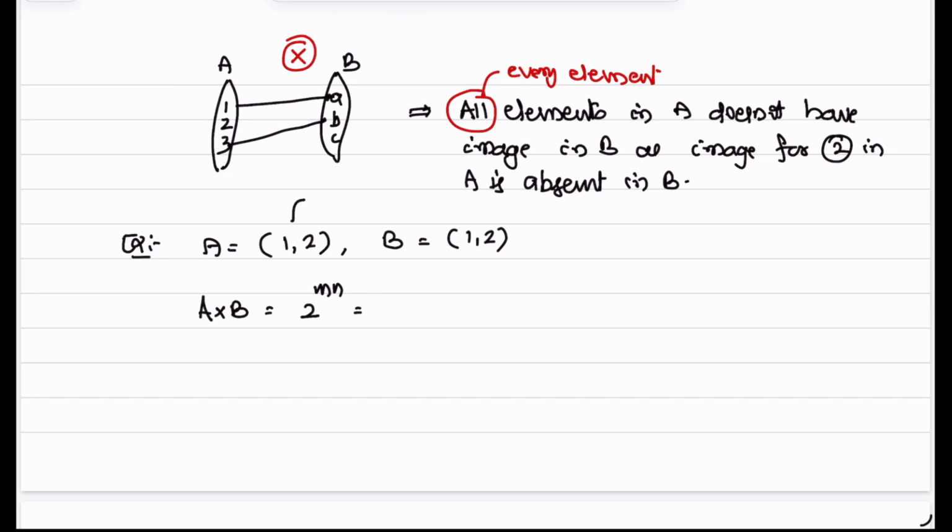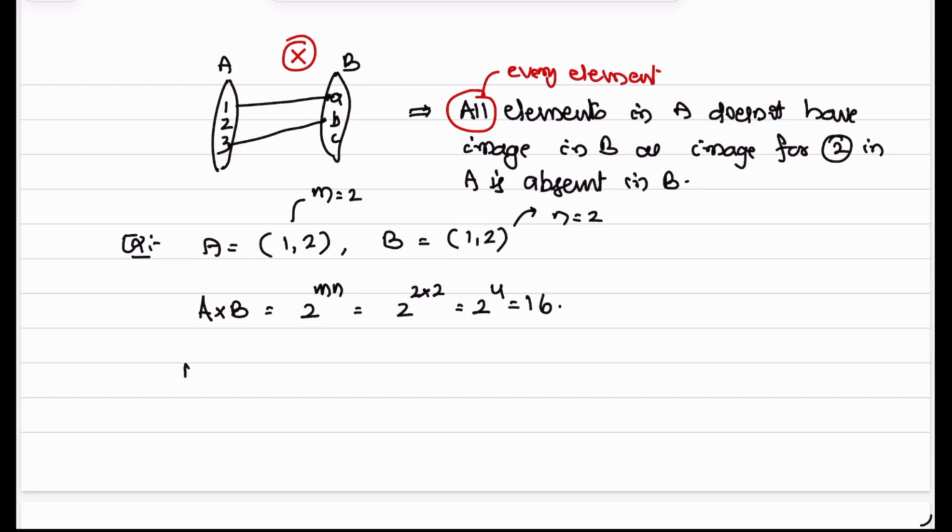This is m is equal to 2 here, the cardinality of A. The cardinality of B is n is equal to 2. Cardinality is nothing but the number of elements in A, number of elements in B. 2 to the power of mn, 2 to the power of 2 into 2, that is 2 to the power of 4, that is equal to 16.